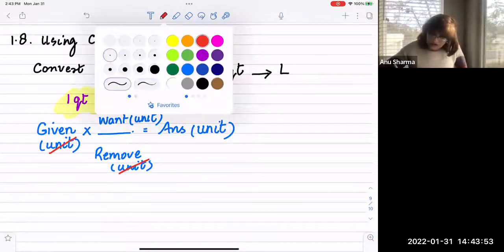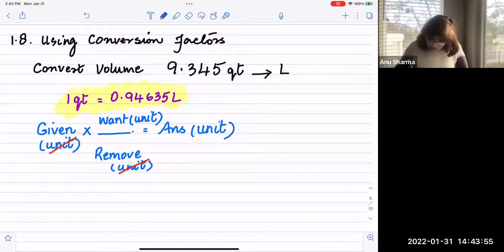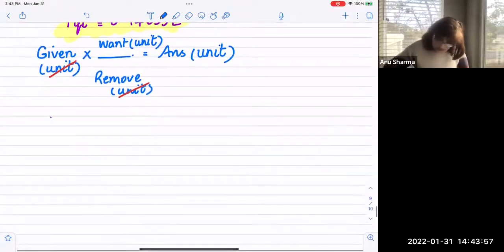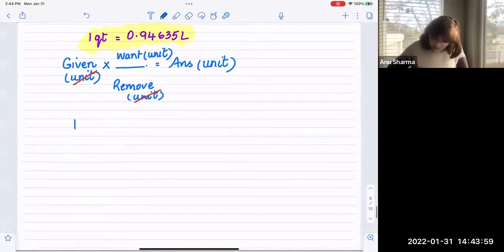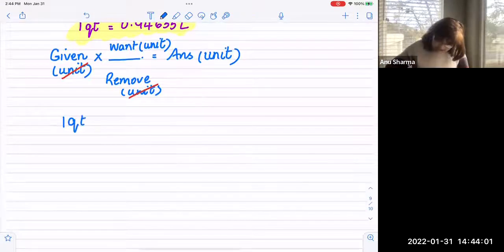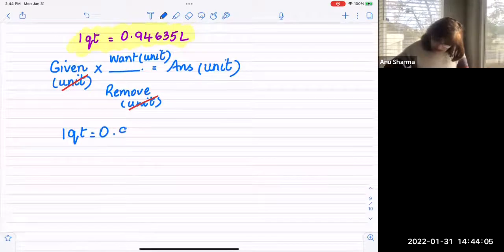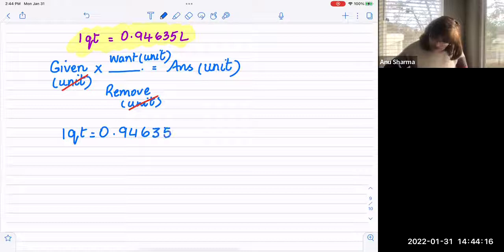So let's look at a few things first. We know this equality: 1 quart is equal to 0.94635 liters.